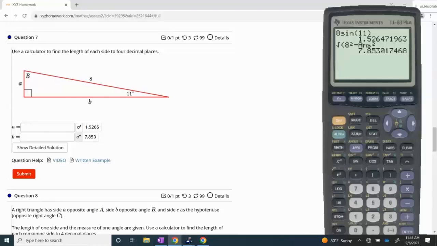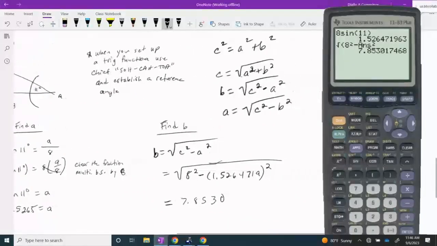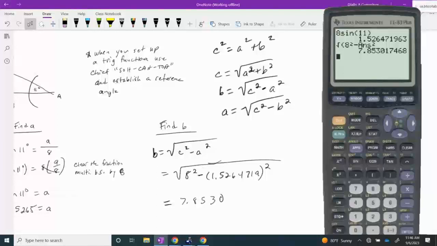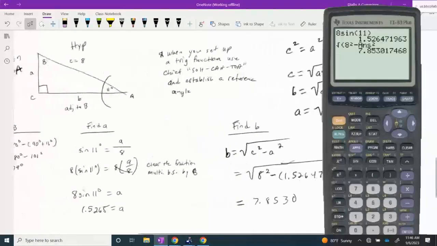Oh, I actually used C and I used B to find it. So let me go back. So right here, we found A in this previous result right here.